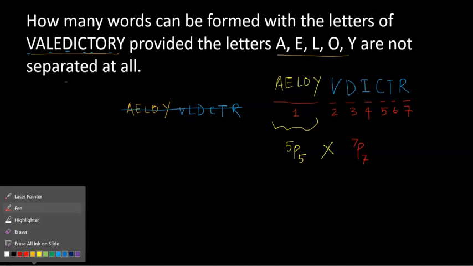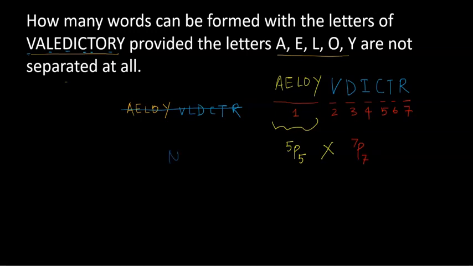The number of arrangements is 5P5 times 7P7, that is 5 factorial times 7 factorial, and if you solve it, it gives you 604800. These are the possible words that can be formed by keeping these particular letters together.